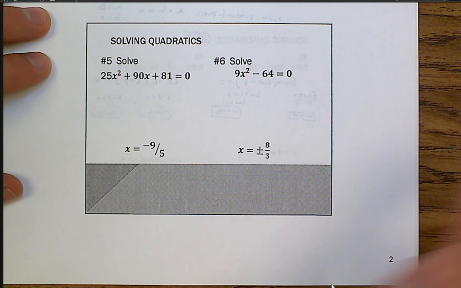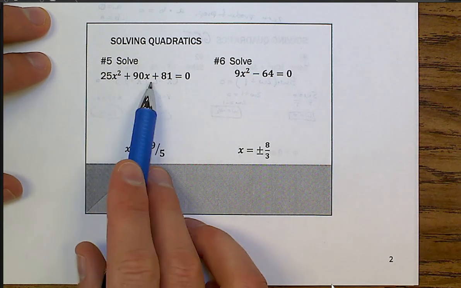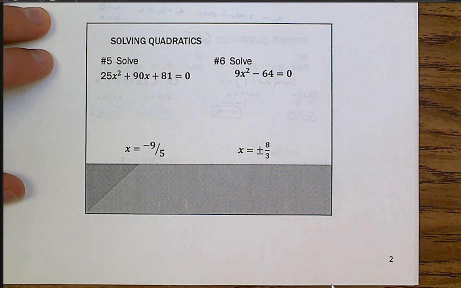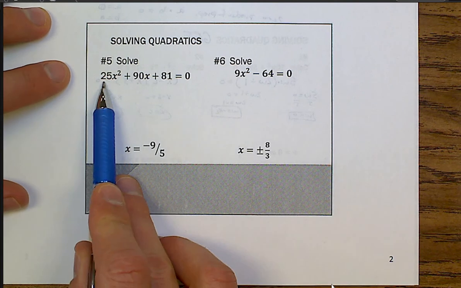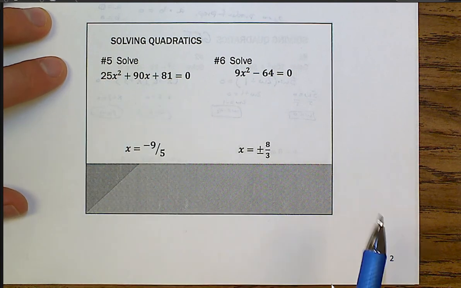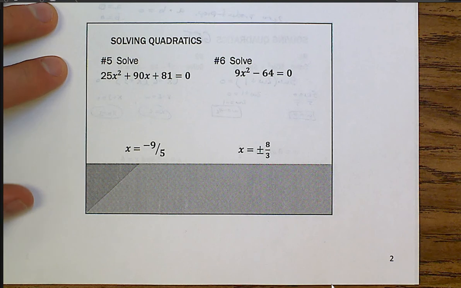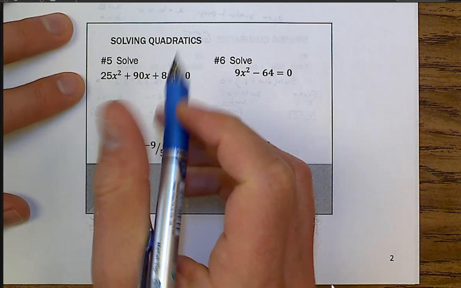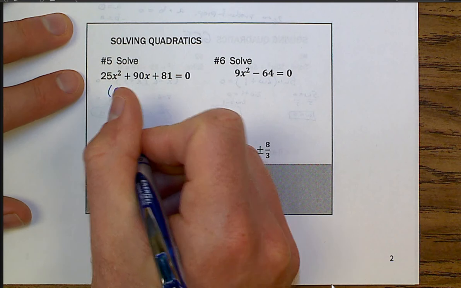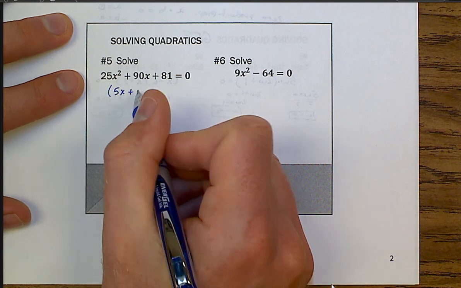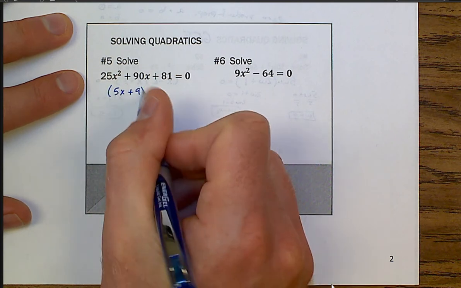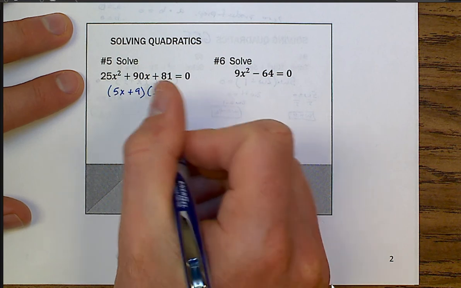This one looks crazy. If you recognize that 25 and 81 are perfect squares, which they are, this will factor into 5x plus 9 and 5x plus 9.